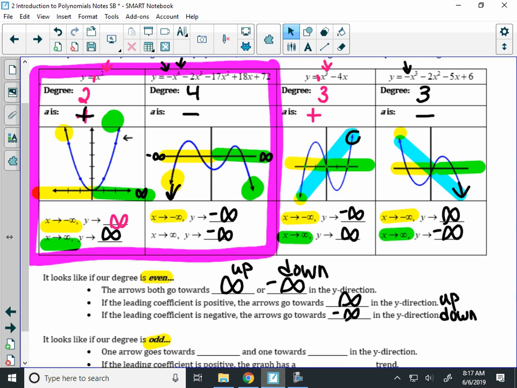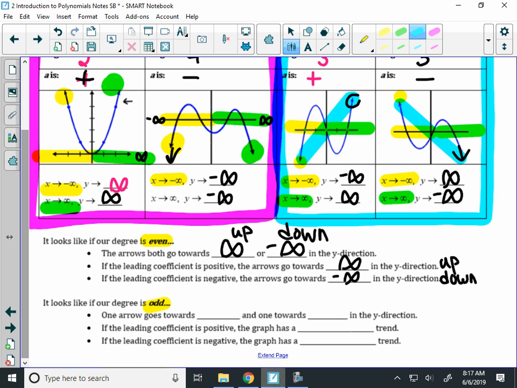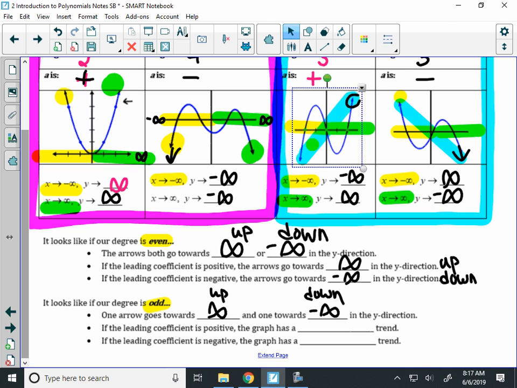Now, if the degree is odd, right, that's going to be these two over here on the right. If the degree is odd, that means one arrow is going to go towards infinity, one arrow is going to go up, and the other arrow goes towards negative infinity, or goes down. So let's see, if the leading coefficient is positive, like the third graph here, that has a positive trend.